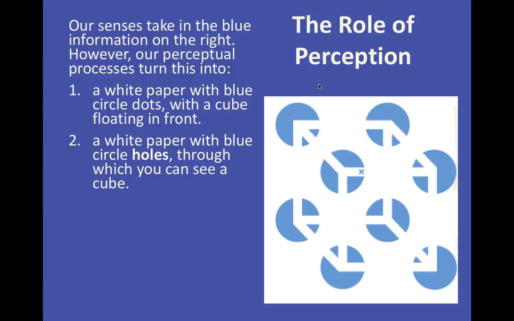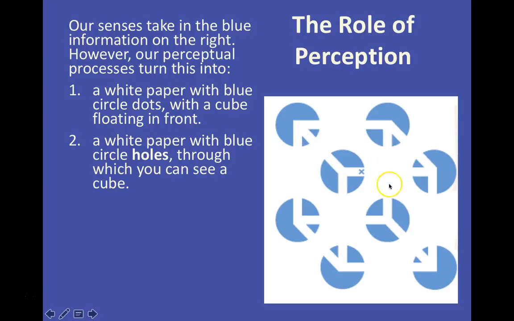We're not just seeing the blue, but it looks a little bit different depending on how you look at it. You see the cube floating in front, but you could also see it as a white paper with blue holes through which you can see a cube.